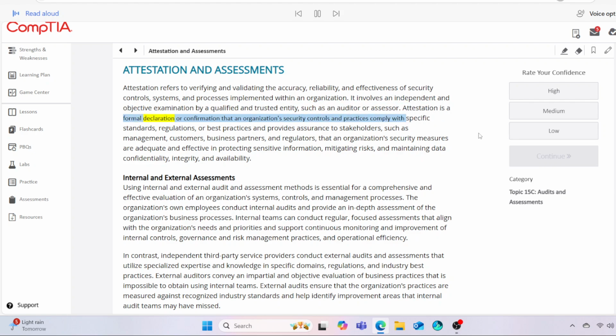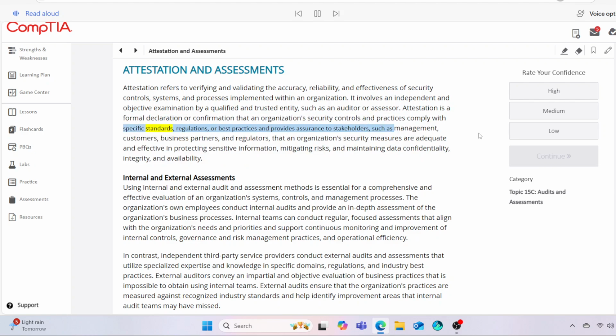Attestation is a formal declaration or confirmation that an organization's security controls and practices comply with specific standards, regulations, or best practices and provides assurance to stakeholders, such as management, customers, business partners, and regulators, that an organization's security measures are adequate and effective in protecting sensitive information, mitigating risks, and maintaining data confidentiality, integrity, and availability.